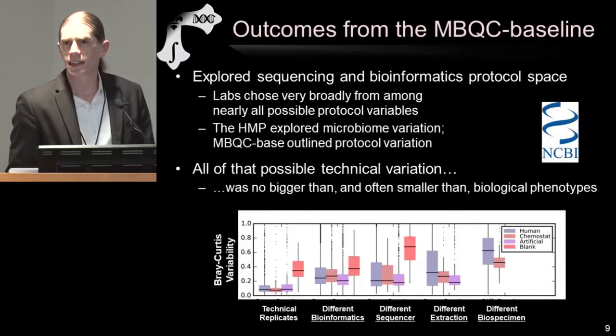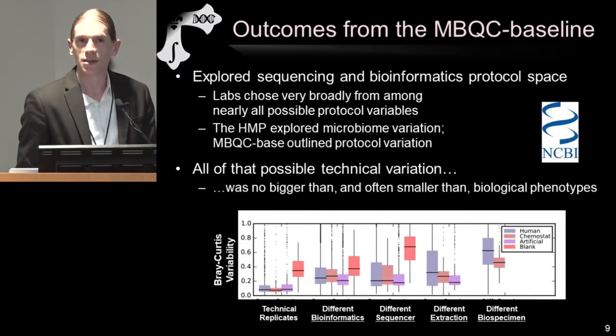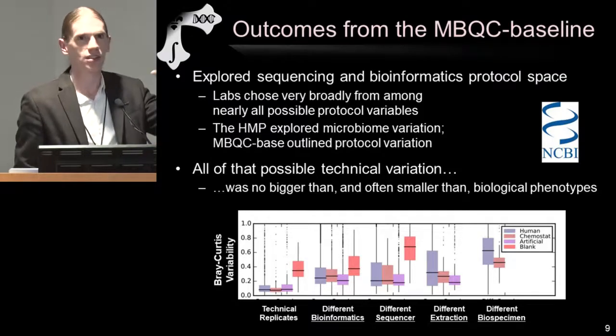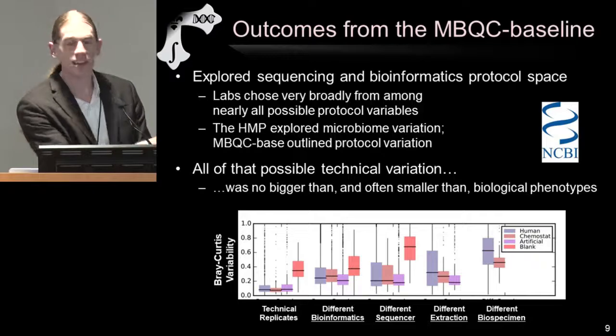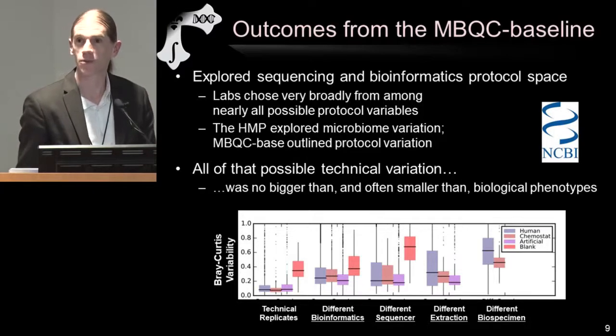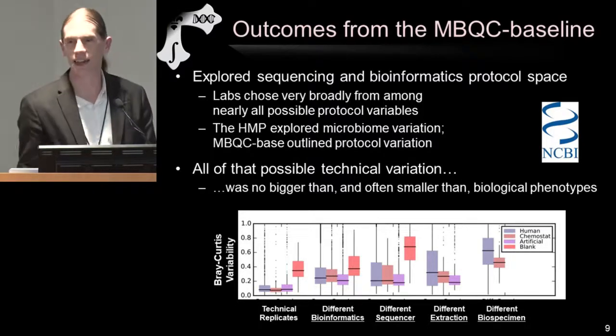So again, I don't want to get into the details of the MBQC in particular today, except to show it as one example of a study that touched essentially the range of different protocol variation for microbiome data generation and handling, some of the sources of variability.